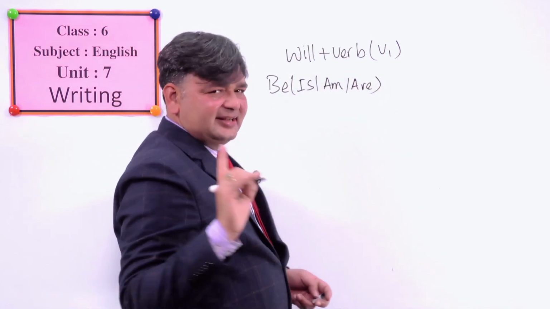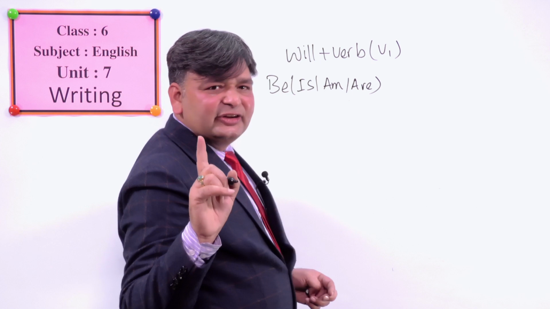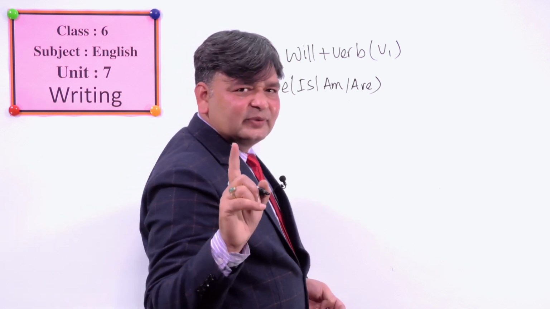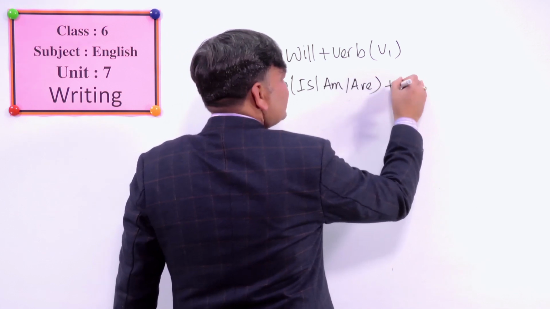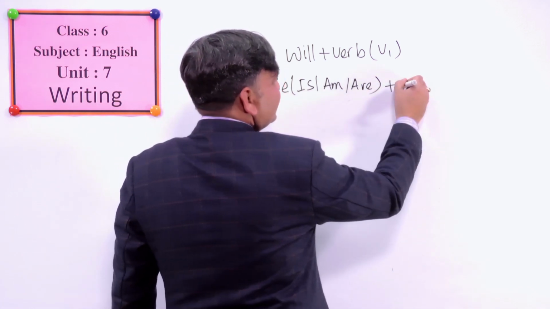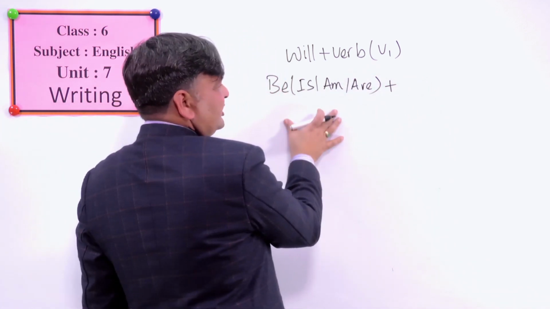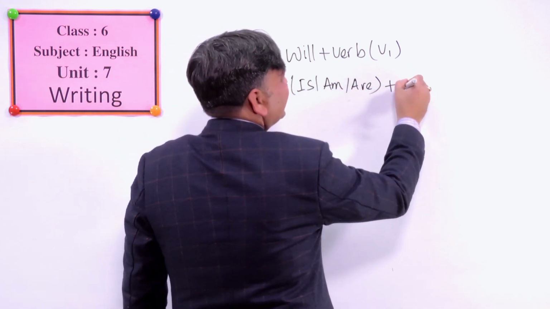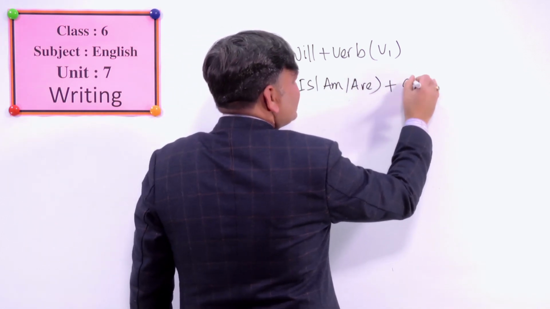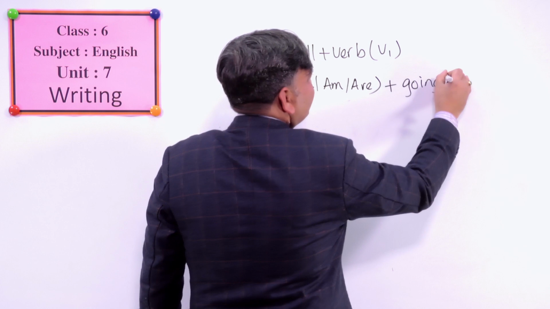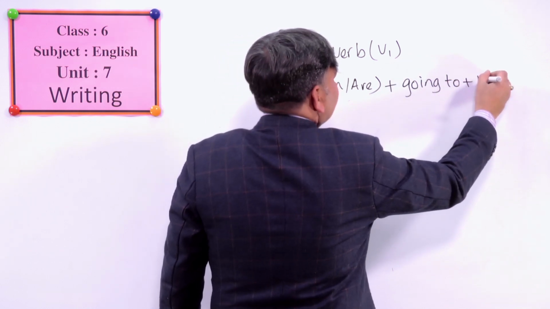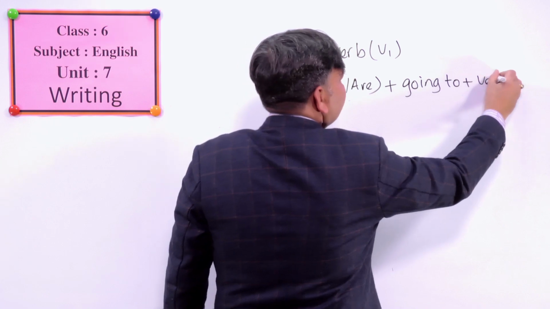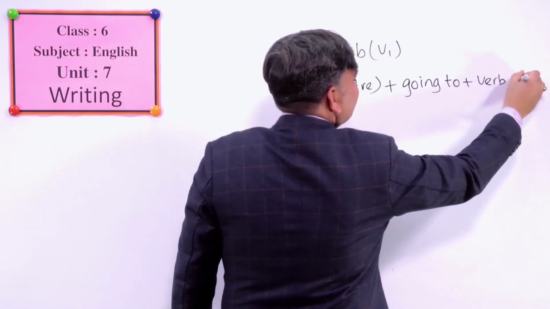You use either of them, and then you use any one of these words with going to, and then verb, right? And this time also the verb remains verb 1. Good.